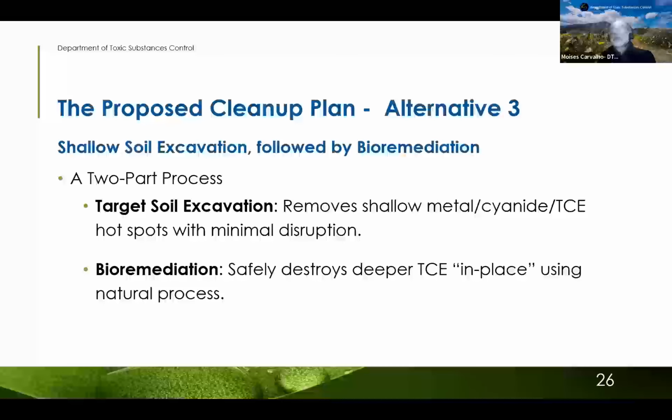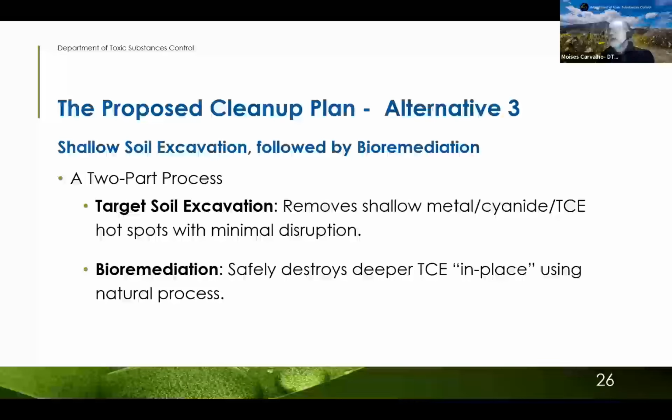Second, for the deeper TCE contamination, we will treat it in place without digging it up. The combination of excavating surface contaminants such as metals and treating the deep contamination that's being impacted by TCE with bioremediation offers the best cost-benefit ratio.